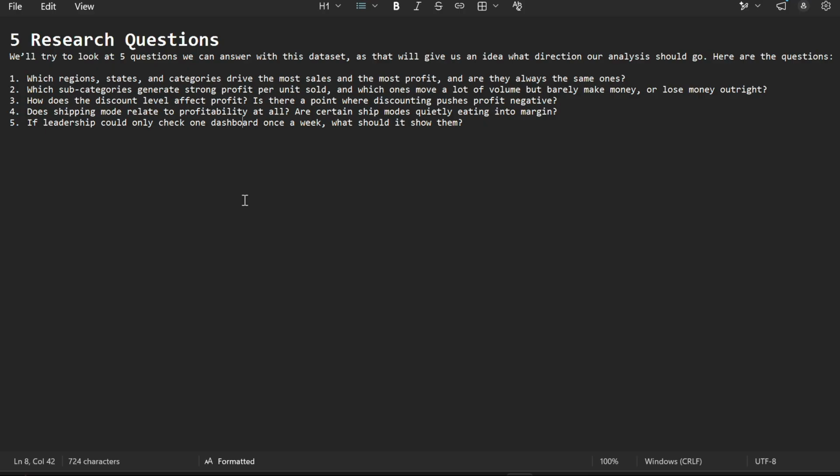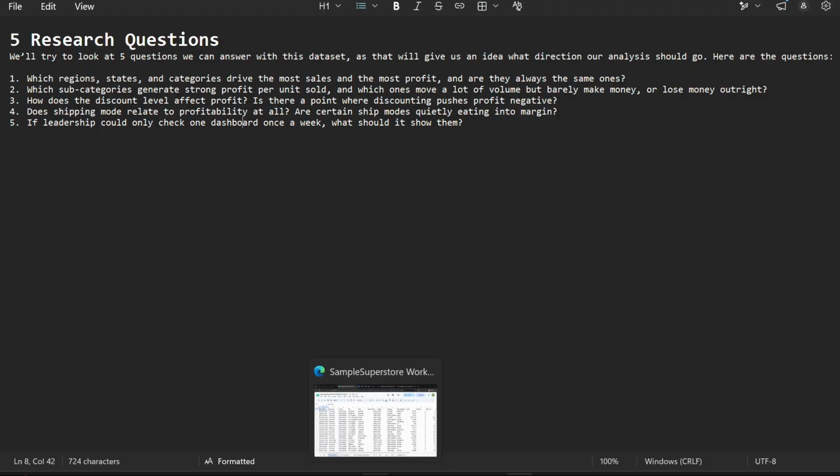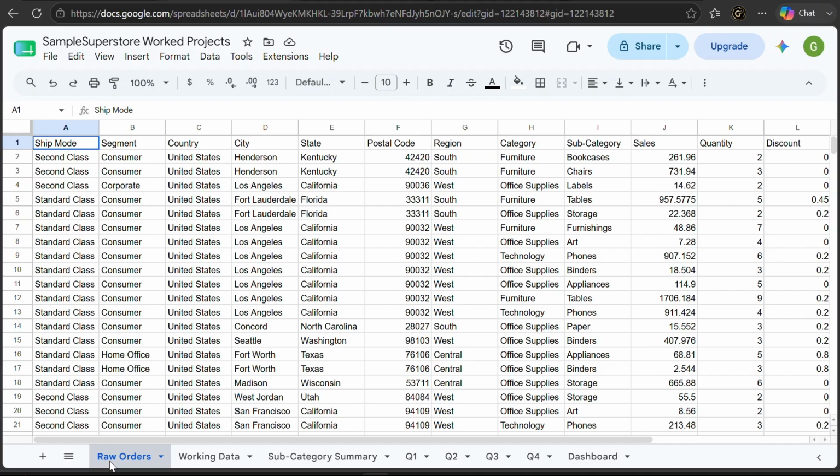Before we proceed, download the data set. I already have the one I worked on, so I'll just show you the kind of work we are going to do today. We have the raw data set here. When I downloaded the data set, this was the only sheet that came, the raw data set sheet.